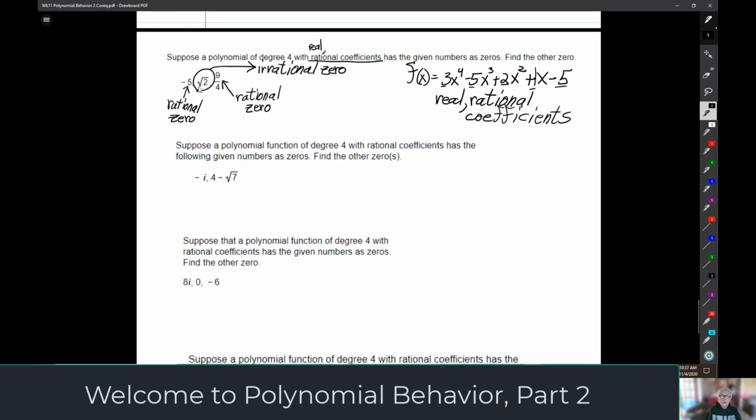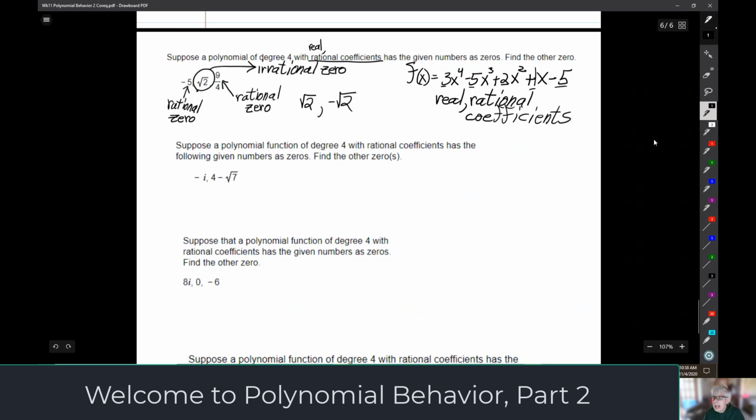When there's an irrational number that's a 0, it's got to be true, if you're going to have normal kinds of numbers, that its conjugate also has to be there. So since the square root of 2 is a 0 of the polynomial they're talking about, then its conjugate, negative the square root of 2, has also got to be there.